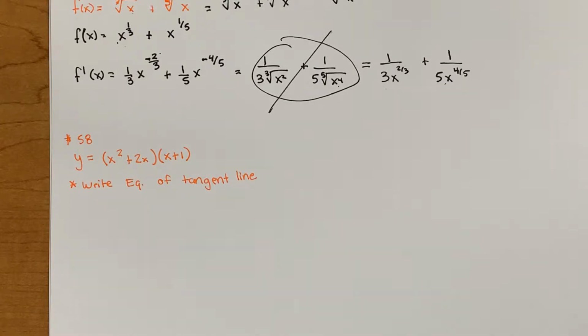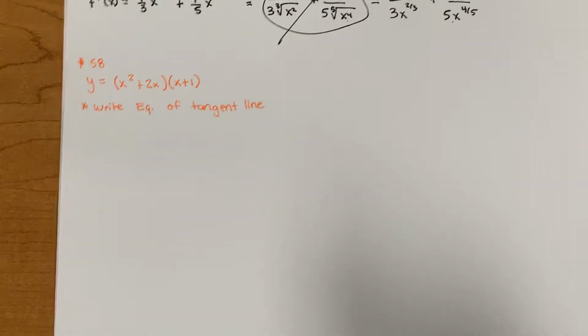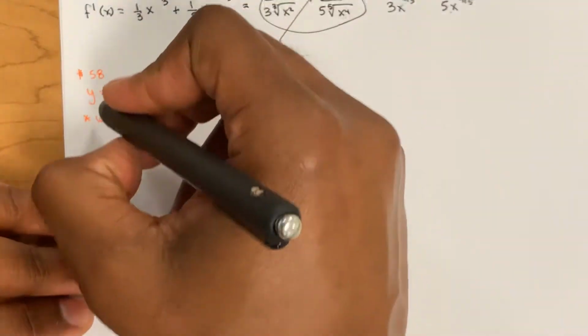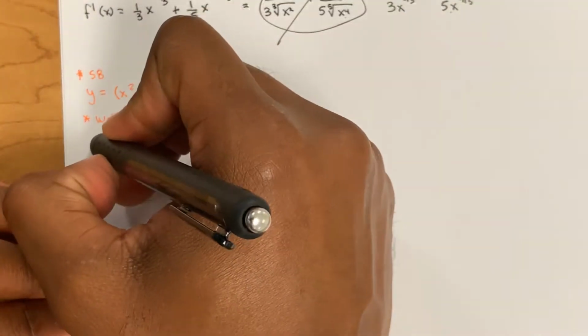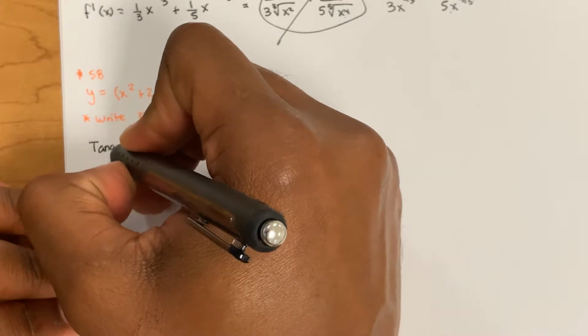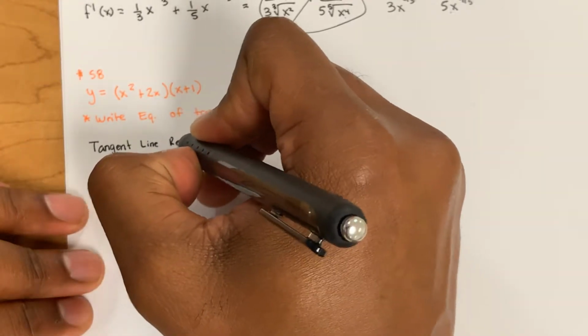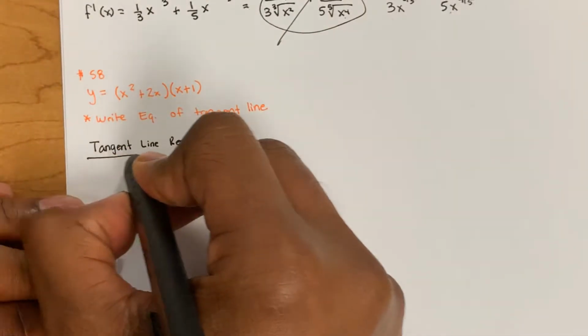So for number 58, we are writing the equation of a tangent line. To do the equation of a tangent line, we need a couple of things. Tangent line requirements. So we only need two things.